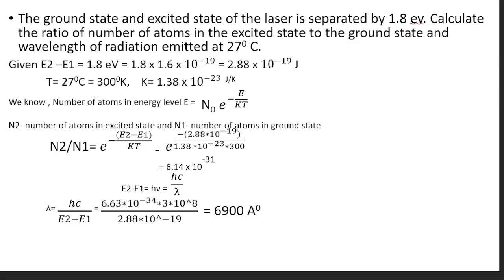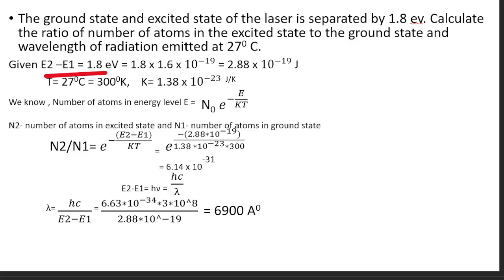Now moving towards the next numerical. The ground state and excited state of a laser are separated by 1.8 electron volt. Calculate the ratio of the number of atoms in the excited state and the ground state, and the wavelength of radiation emitted at 27 degrees Celsius. They are giving the difference between the excited state and ground state, that is E2 minus E1, equal to 1.8 electron volt.